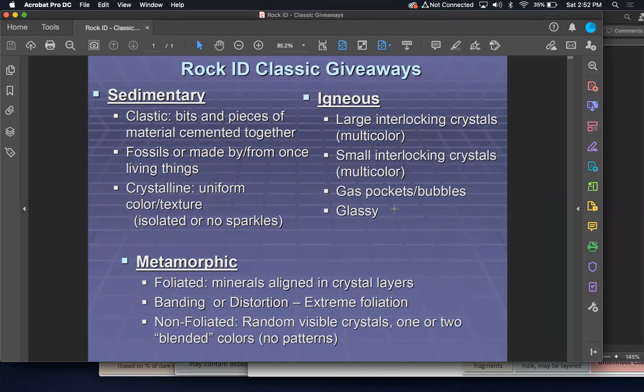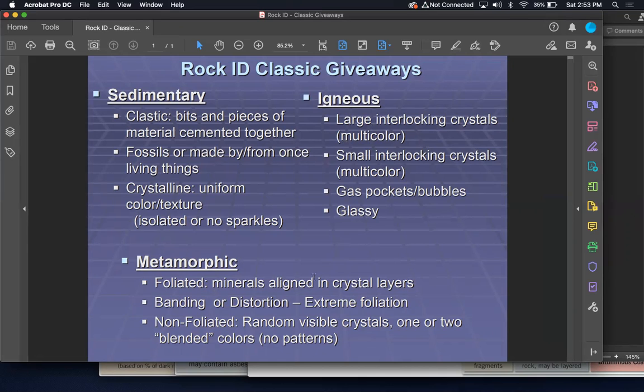If it's not one of those two situations, it could have gas pockets or a very glassy look to it, which are so obvious when you see them that you would also say, wow, that's igneous. So those interlocking crystals of multiple colors are definitely a giveaway for igneous rocks, as are gas pockets and glassy texture.